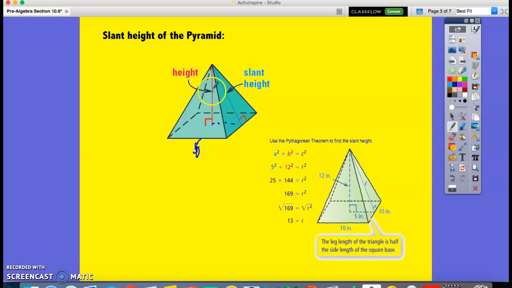Then we can use the Pythagorean theorem, so we know this, and we can find the hypotenuse of this right triangle. Here we are given the height as 12, and the side length is 10. So this distance will be half of 10, which is 5, and then you can find the slant height: 5 squared plus 12 squared equals L squared.